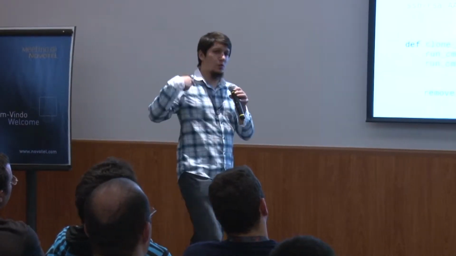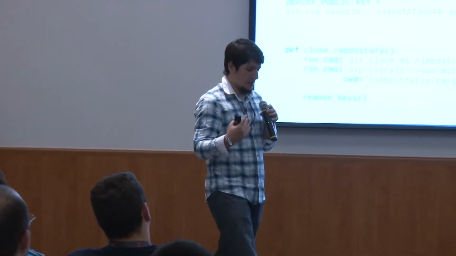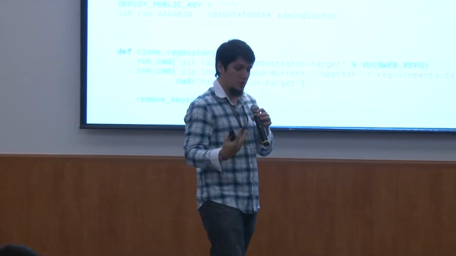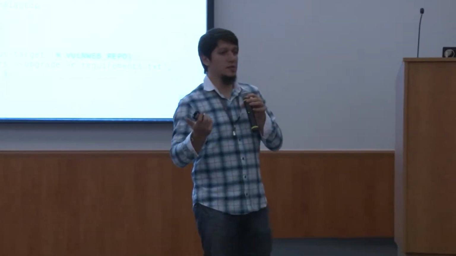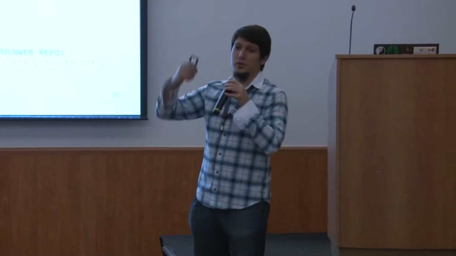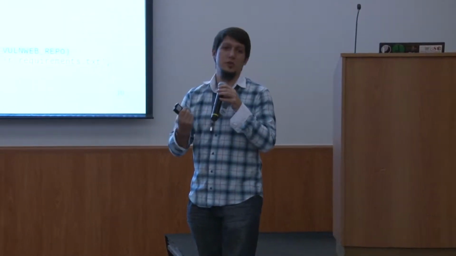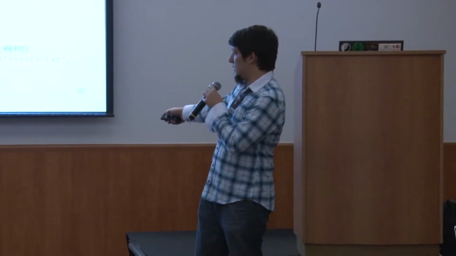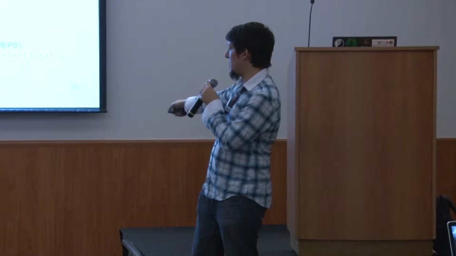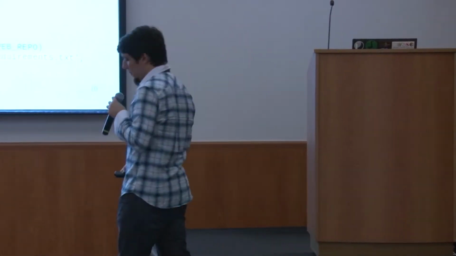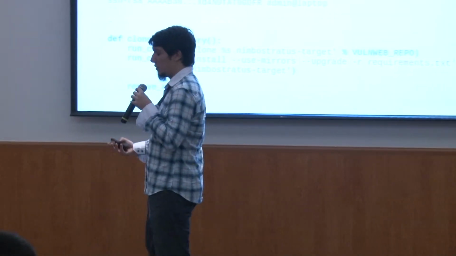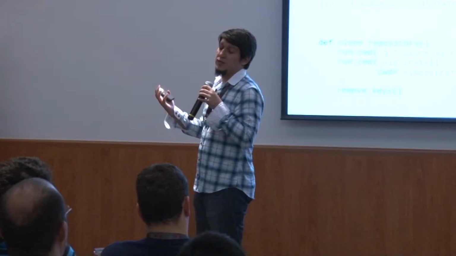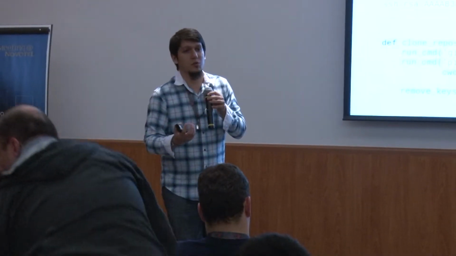In our case, we dumped the user data, and as I said, it was used to configure the instance. In this case, configuring the instance meant downloading the source code for the application that's going to be running in this server and updating it to the latest version, installing the requirements, and some other stuff, right? The good thing is that in order to download that source code, you need to have keys. That source code usually is in a private repository.